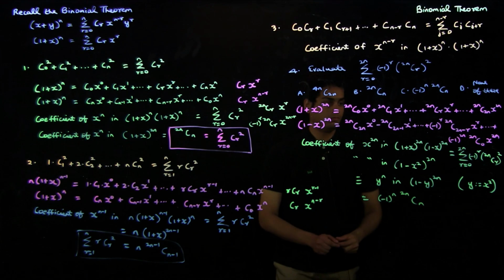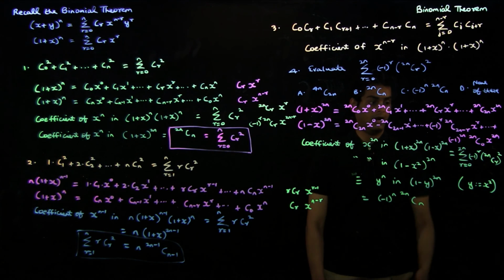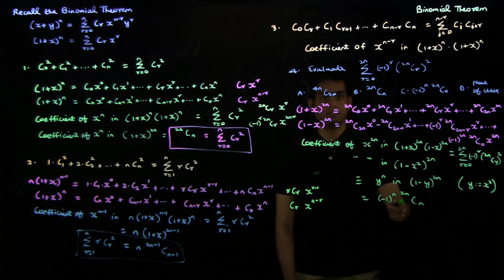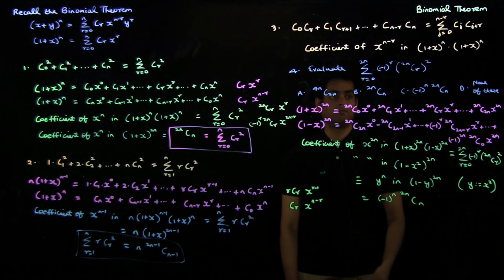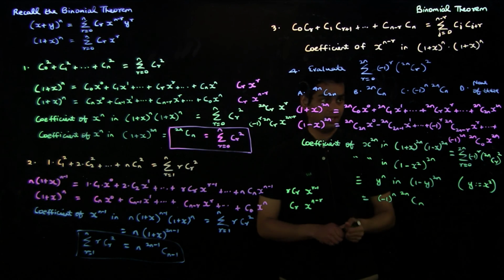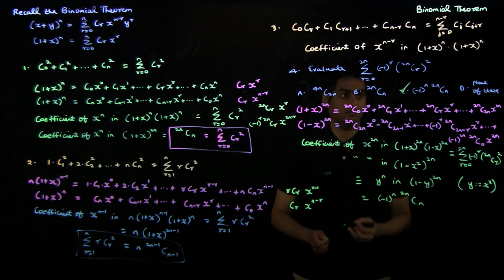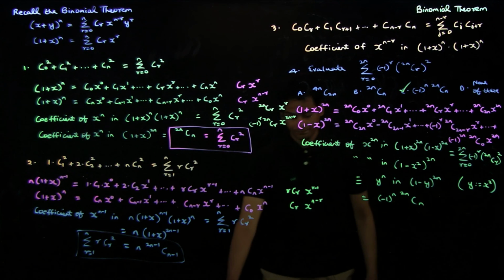So we have that the summation r equals 0 to 2n of minus 1 power r 2n cr the whole square is nothing but minus 1 power n 2n cn, and fortunately one of our options is minus 1 power n 2n cn. So the right result is option c, minus 1 power n times 2n cn.